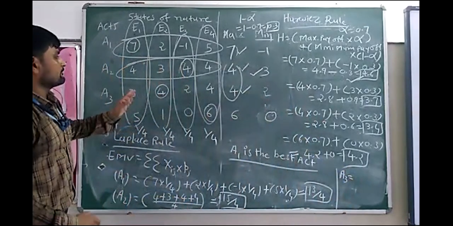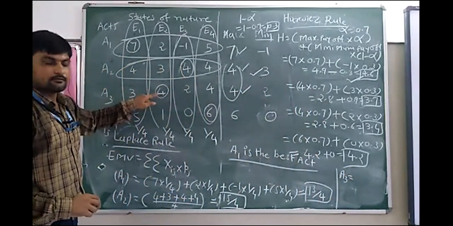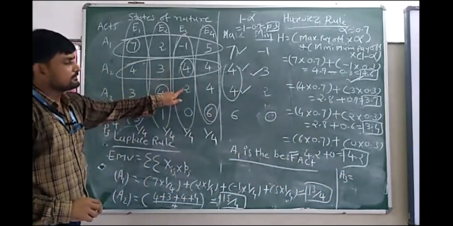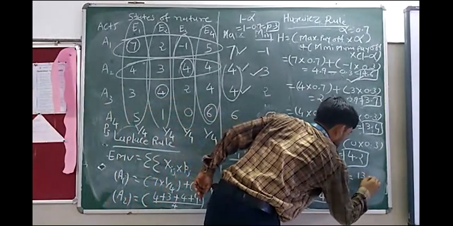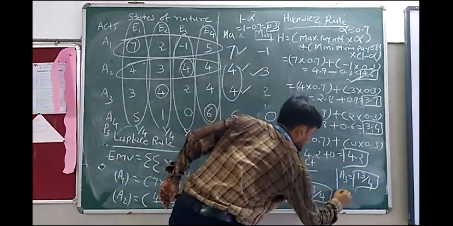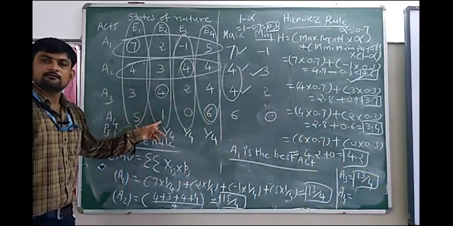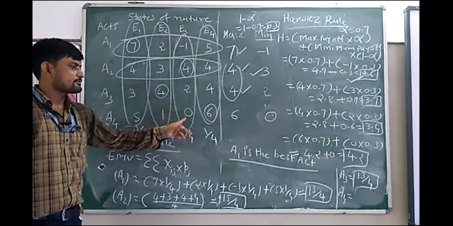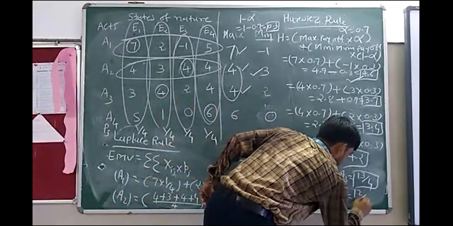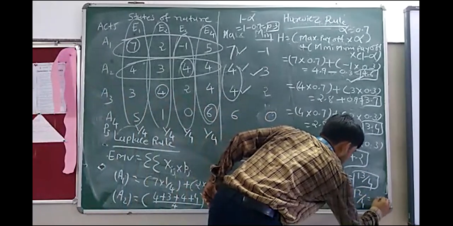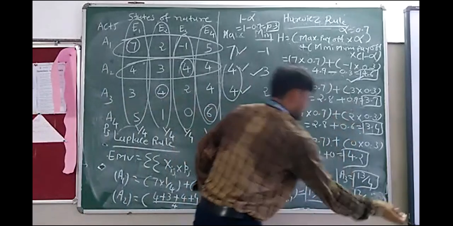So I will find directly 3 plus 4, 7, 7 plus 2, 9, 9 plus 4, 13. So the answer will be 13 by 4. And for A4, 5 plus 1, 6, 6 plus 0, 6, 6 plus 6, 12. So 12 by 4, it is equal to 3.